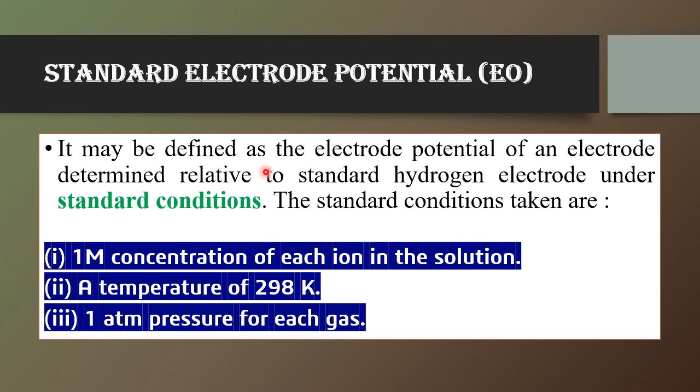The solution of our sample must be 1 molar concentration, and the temperature must be 298 Kelvin, which in degrees centigrade is 25 degrees centigrade. Clear? And the pressure for the standard electrode potential must be 1 atmospheric pressure. So whenever the electrode potential of any cell is measured under these 3 conditions, it is known as the standard electrode potential.